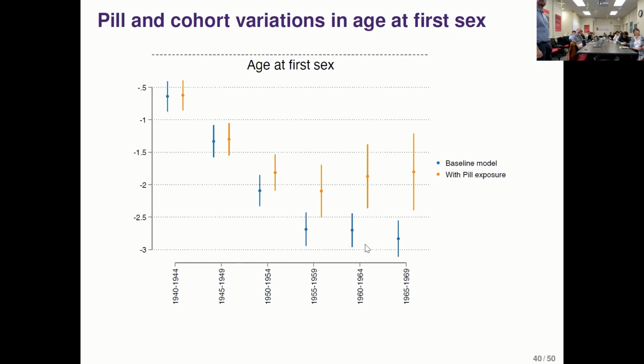Similarly, we look at age at first sex, and what is interesting is that we explain very little. The pill, at least our measurement of the pill, doesn't seem to explain the cohort changes in age at first sex. That's right.